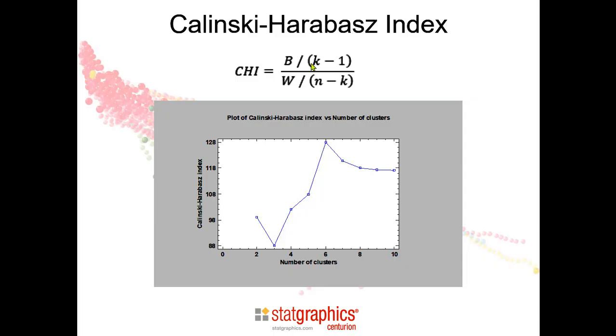They're each divided by their degrees of freedom, where k is the number of clusters and n is the total number of observations. You can see in this case that the maximum value of the Calinski-Harabasz index occurs at 6 clusters, which corresponds nicely with the agglomeration distance plot.